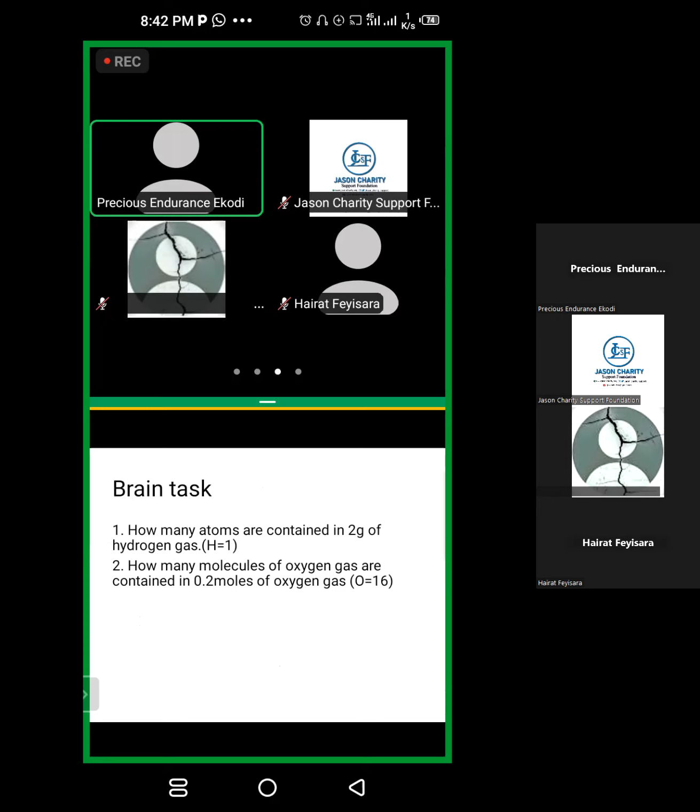Notice that we've given the atomic mass of hydrogen to be 1. And the second question: how many molecules of oxygen gas are contained in 0.2 moles of oxygen gas? O equals 16.